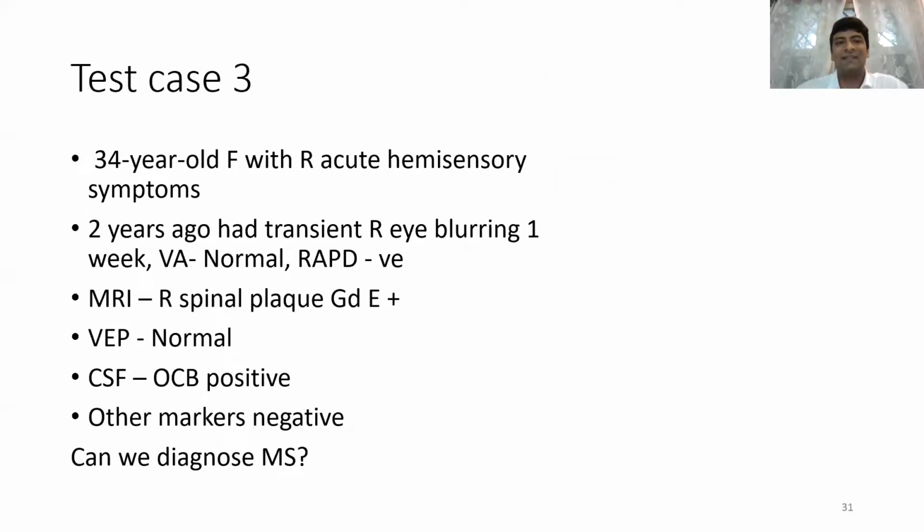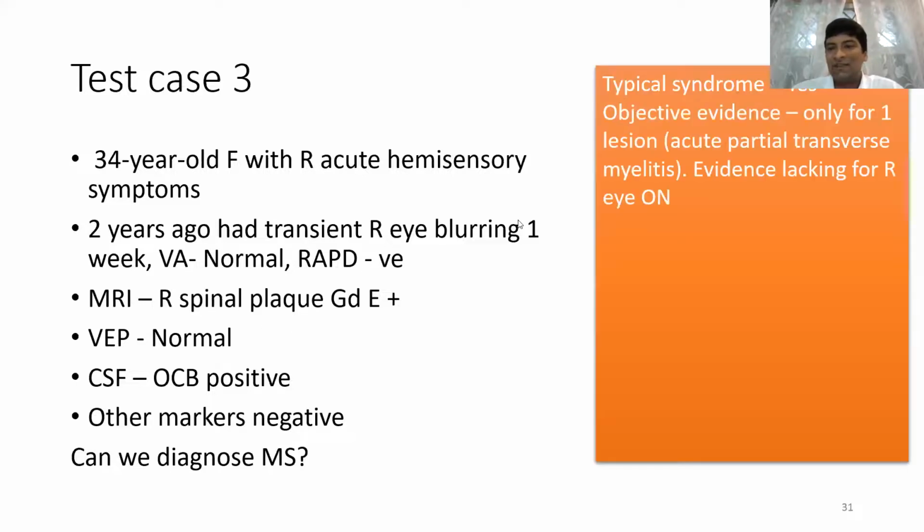Okay, the third case, a 34-year-old female with right eye acute hemisensory symptoms, and 2 years ago had similar history, and MRI again showing right spinal plaque, but VEP was normal. So just a slight modification of the previous scenario. So again, we are back in the previous situation where we don't have objective evidence.